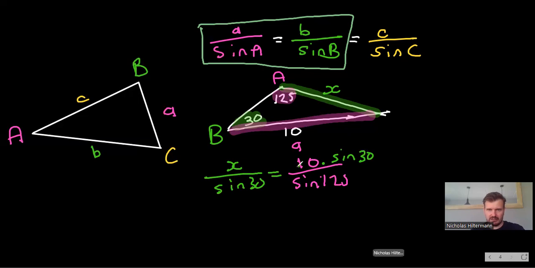So this will be 5, because sine 30 is a half, we know from our special angles. Let me show you that I moved that there. And this is the sine rule here. And 10 sine 30 over sine 125, you put in your calculator, you get an answer.